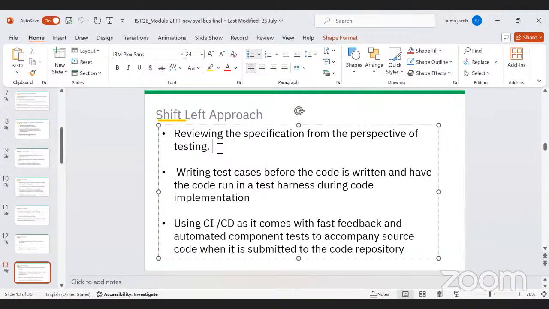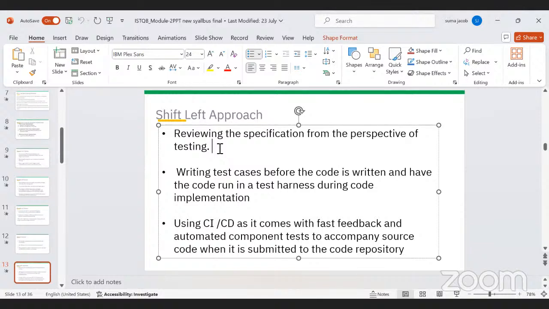Whereas in the shift left approach, with TDD (test driven development), acceptance test driven development, or BDD, the unit test cases will be written before the corresponding code. For example, in test driven development, developers write the unit test before writing the corresponding code. These tests define the desired behavior of the system and guide the whole implementation process. This results in code that actually meets the specified requirements.